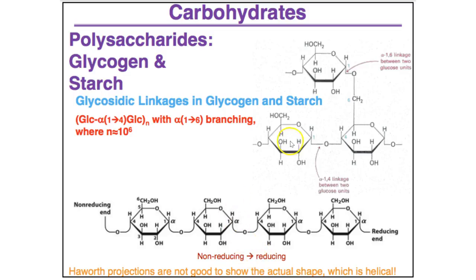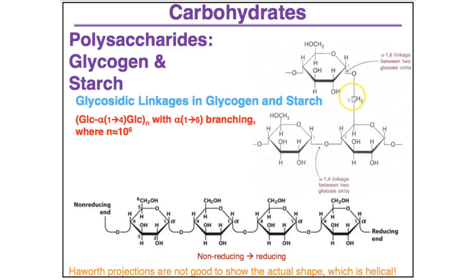Right here you have the glycogen, where you see that it has this alpha linkage of 1 to 4, but also it has this branching of 1 to 6.